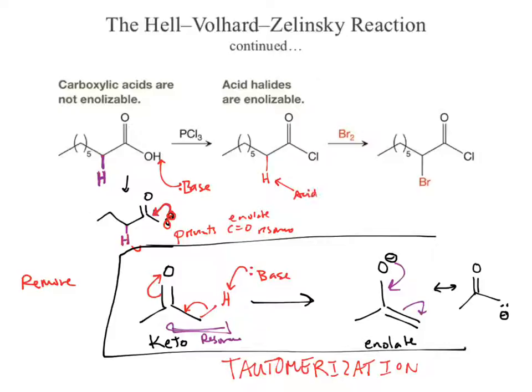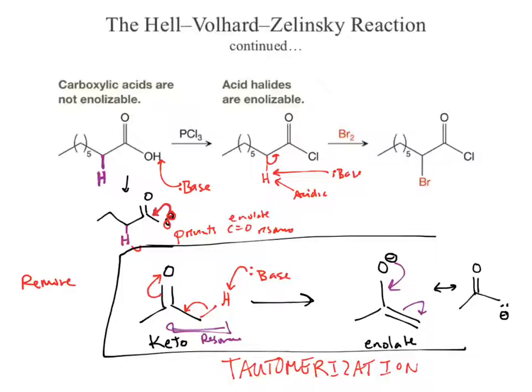So number one, if we add our base, the base can't react with the chlorine because chlorine is not an acid. So it doesn't react there. The only thing it can do is react with that hydrogen, which could then share electrons inwards.